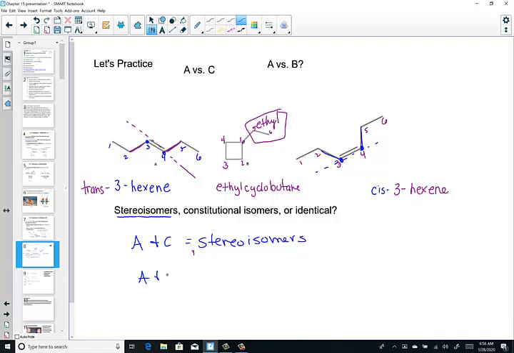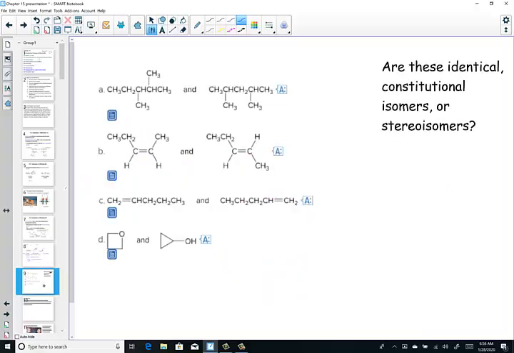Letter A and B share the same molecular formula, but they are not bonded in the same order, so they are constitutional isomers. And you know what else you could say is B and C are also constitutional isomers. The stereoisomers are the cis-trans configuration. Are you getting comfortable with those decisions?